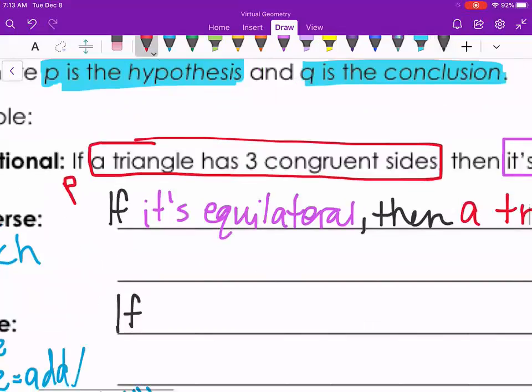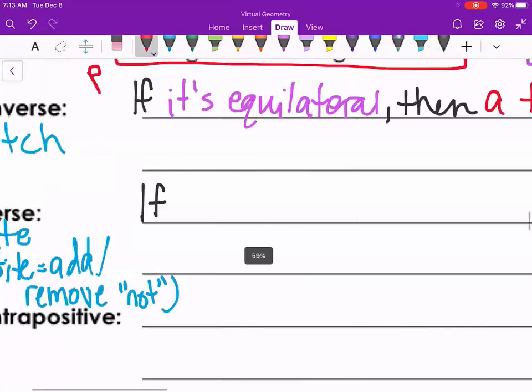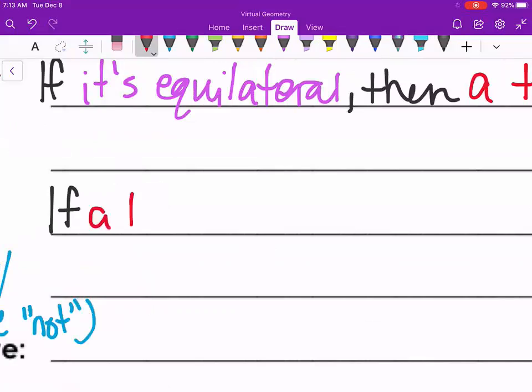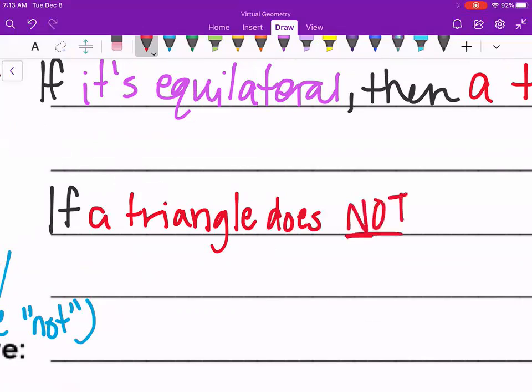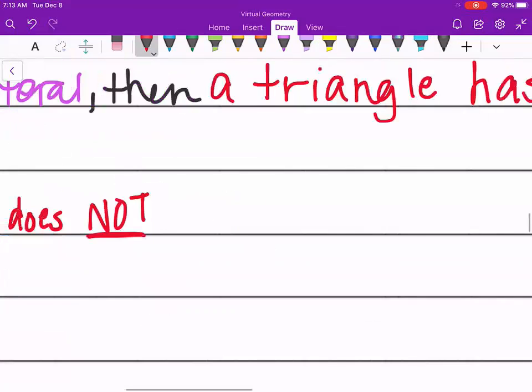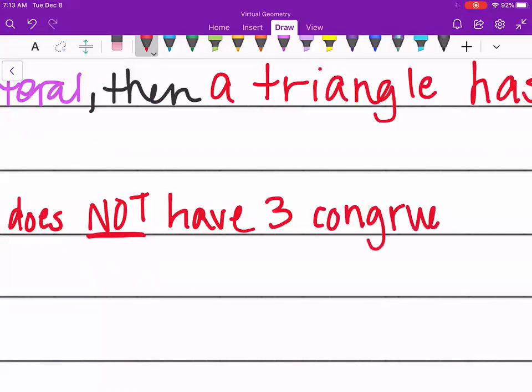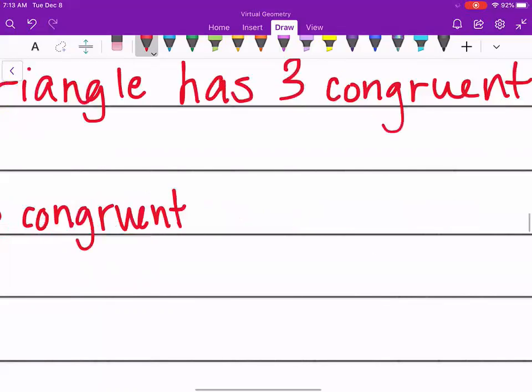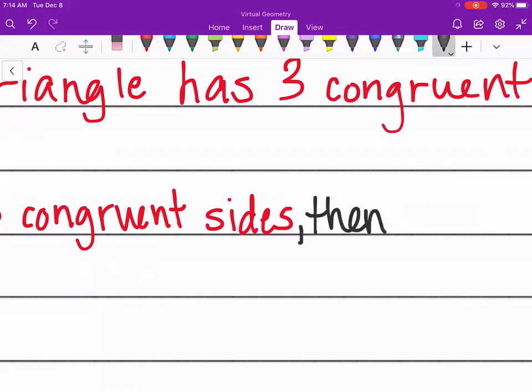So originally, if a triangle has 3 congruent sides, so if a triangle does not, there's my negation, have 3 congruent sides. Our then is still at the end.